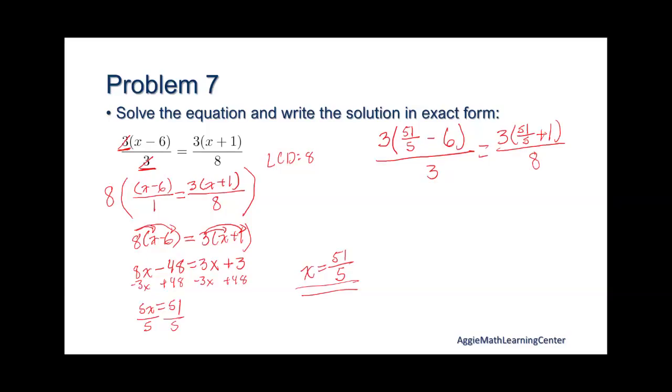Yes, we can. Those will divide to 1. So you get 51 over 5 minus 6 is equal to 3 times 51 over 5 plus 1 all over 8.